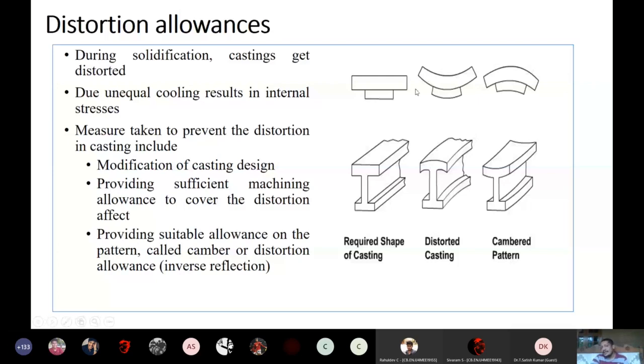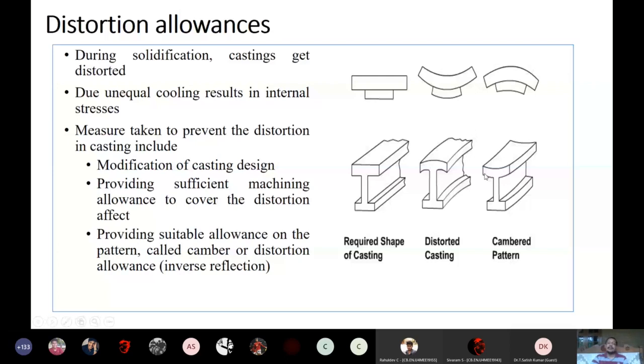These are the areas where the cooling initially takes place. As it cools, there is no liquid metal present over here, so the casting tends to make a shape like this. In order to avoid a distortion like this, you provide an opposite camber like this on the casting so that you achieve a final shape like this.